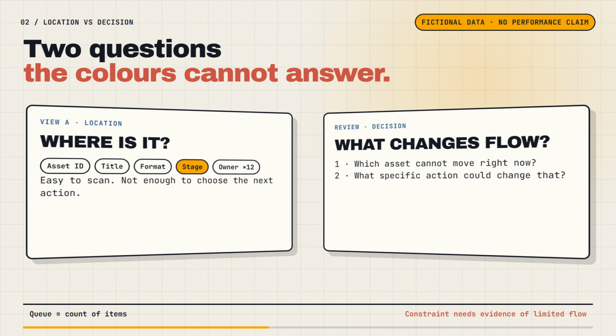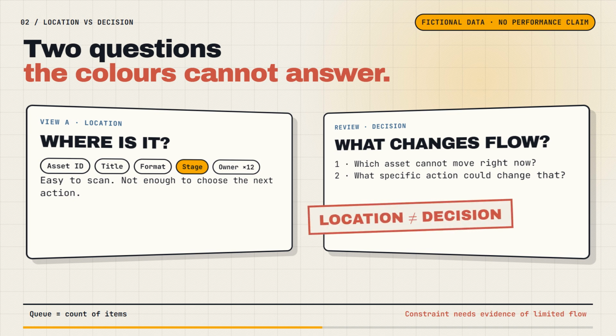Start with the common first version. The useful actions today are narrower. Record the asset ID, working title, format, missing footage, stage, and owner. Because this is a one-person example, owner contains the same value on all 12 rows. The stage colors are easy to scan, but color does not explain why an item is there. Filter to editing and ask which item can move.